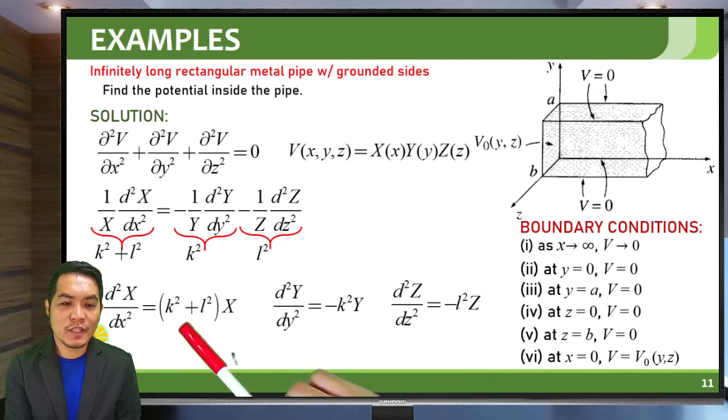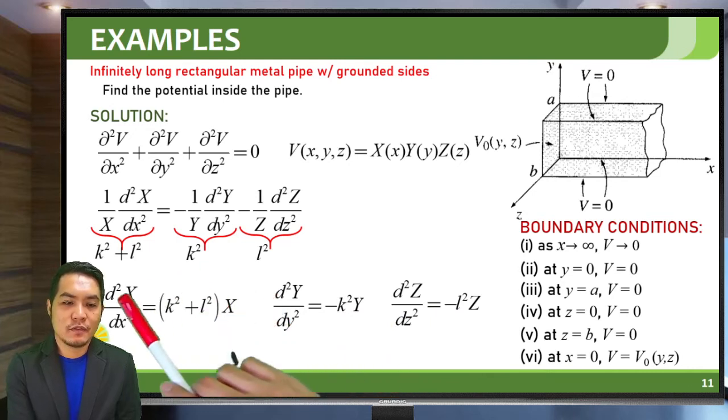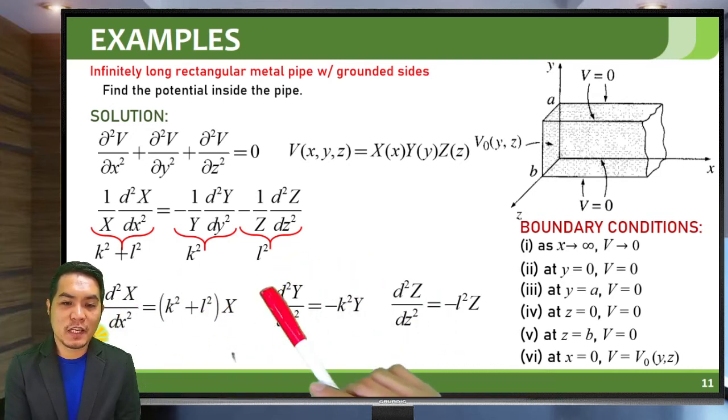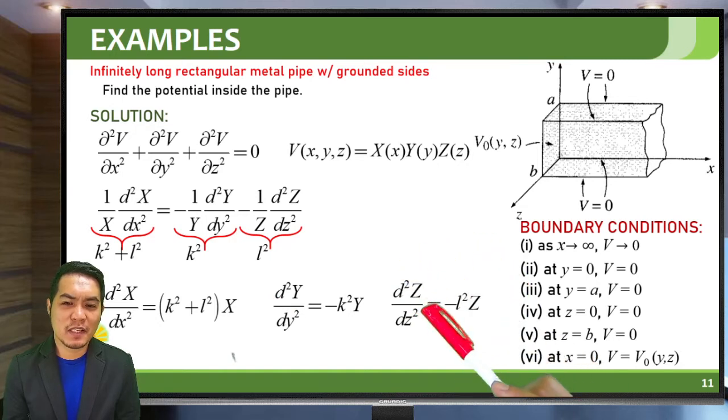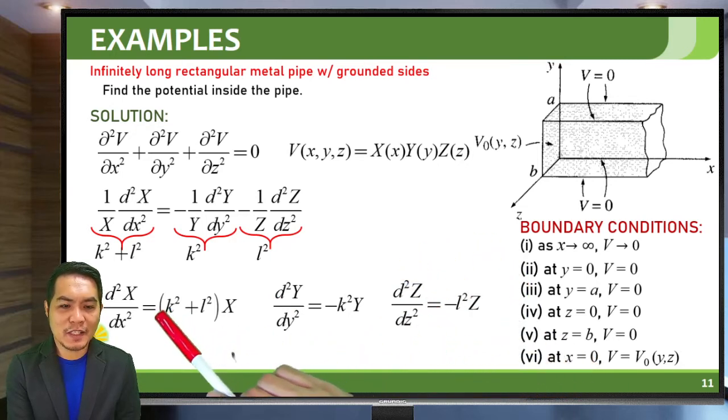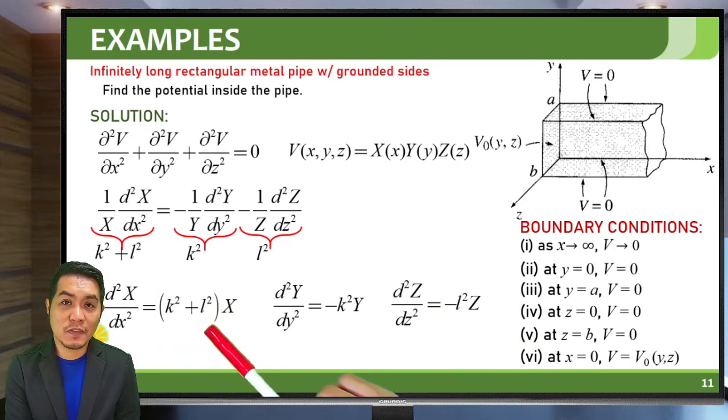So again, these types of second order differential equations are just similar to a harmonic oscillator equation. If you have positive constants here, then the solutions of this are hyperbolic functions. And if you have negative constants here, then the solutions to this are sinusoidal functions.